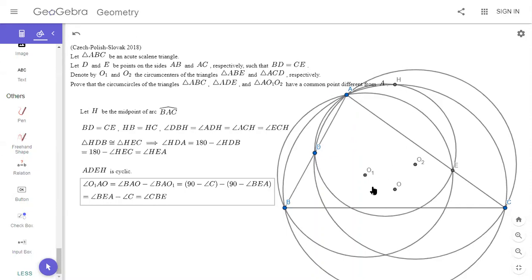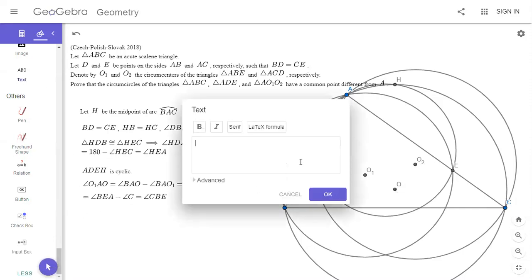So the angle between AO and OO1, I'll write it like this. That's basically 90 minus the angle between AO and AB, because OO1 is perpendicular to AB, right?